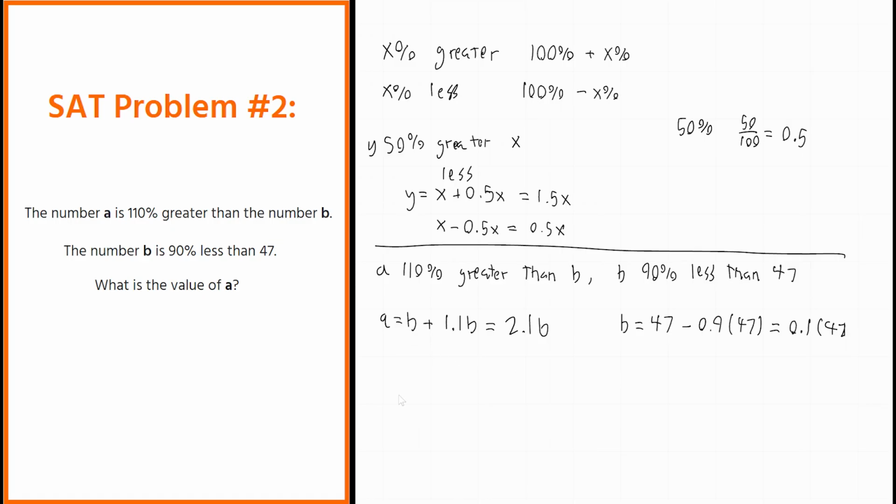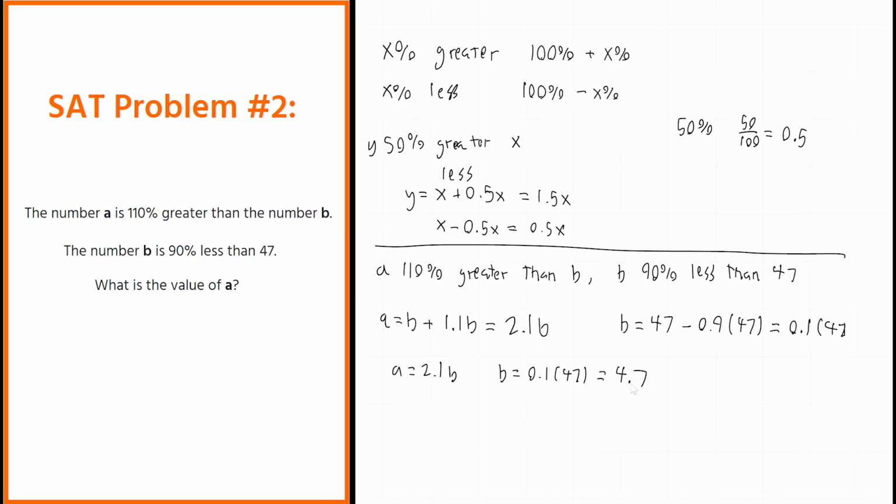So in order to solve for A, we have A equals 2.1B and B equals 0.1 of 47. In order to solve for A, we need to know B, but we can calculate B by multiplying this out to get that B is equal to 4.7.